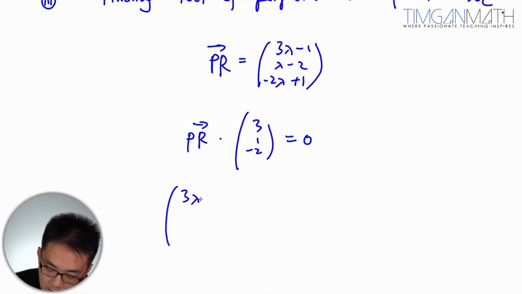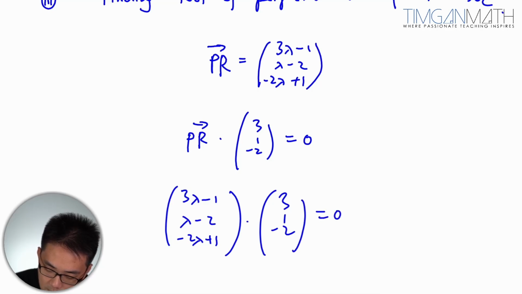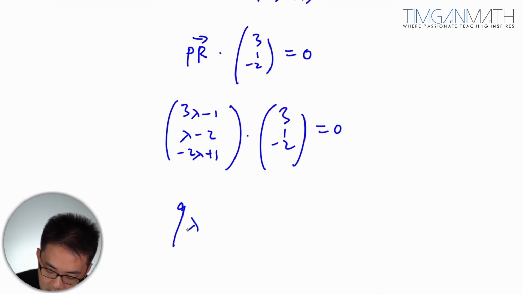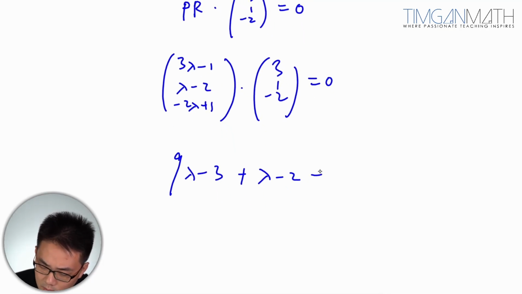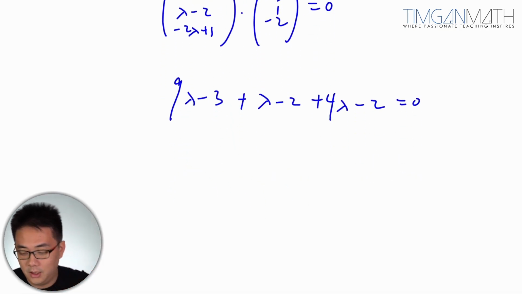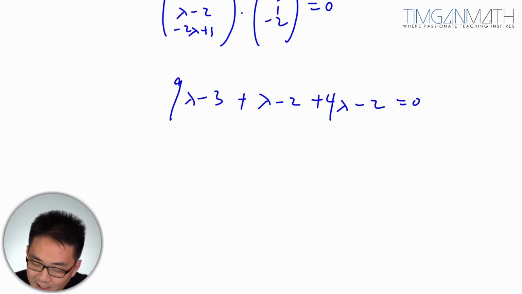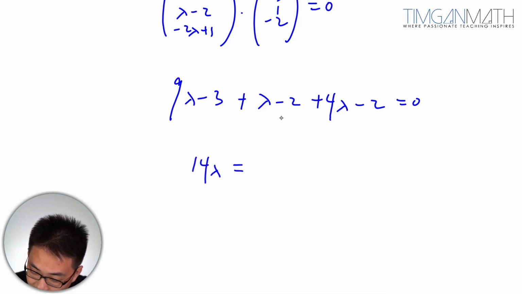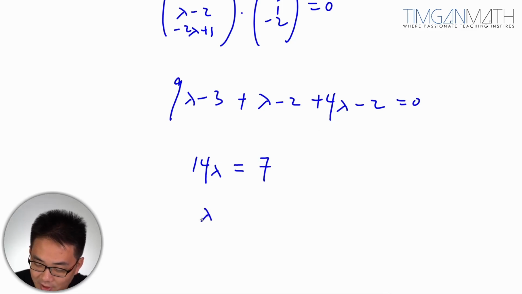So this is (3 lambda minus 1, lambda minus 2, negative 2 lambda plus 1) dot with (3, 1, -2) equals 0. So it's 9 lambda minus 3, plus lambda minus 2, plus 4 lambda minus 2, equals 0. So 14 lambda equals 7. So lambda is equal to half.